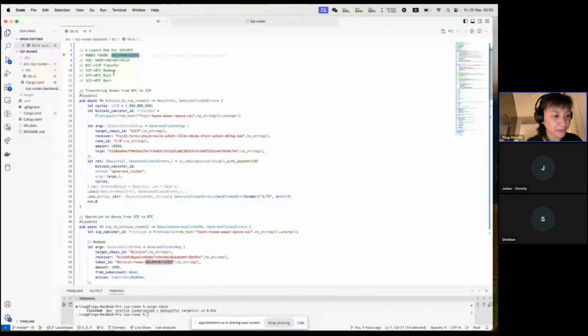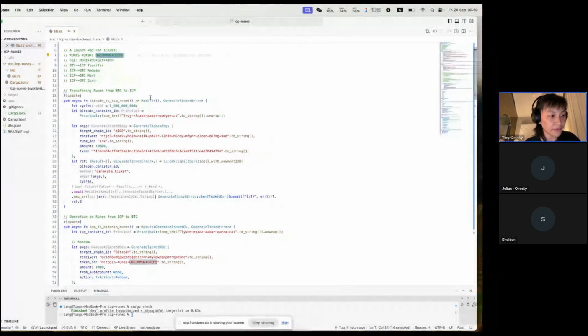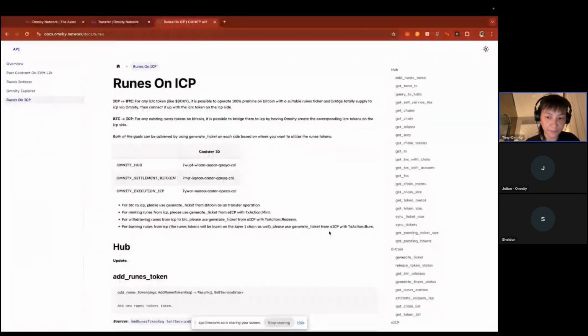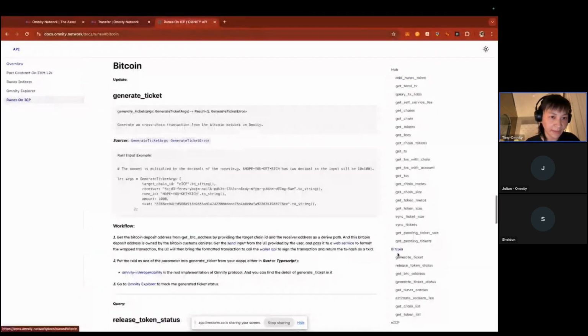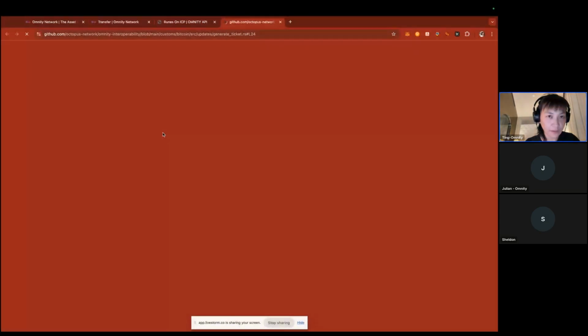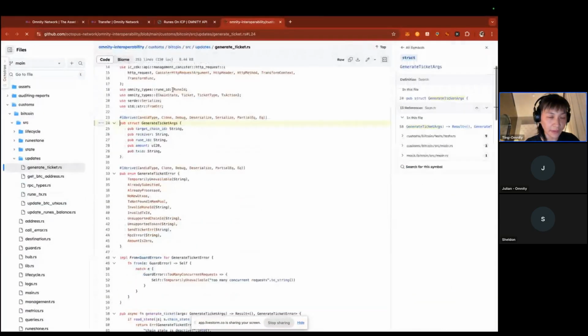So we can go to generate ticket here on the Bitcoin side. If you click on one of these input sources, you can tell that this is the format we would like to use.